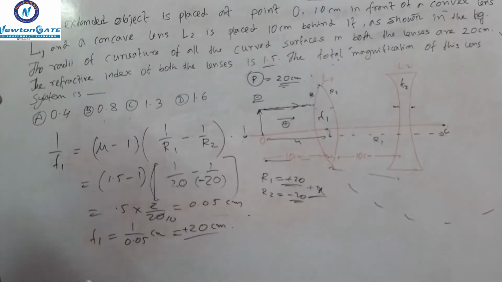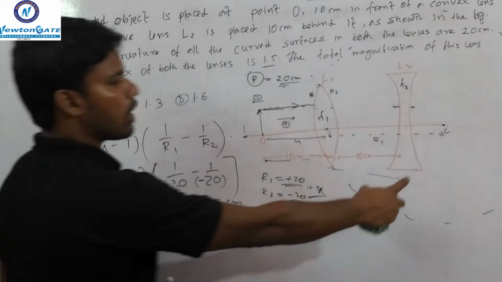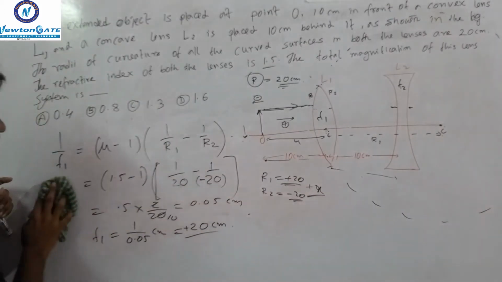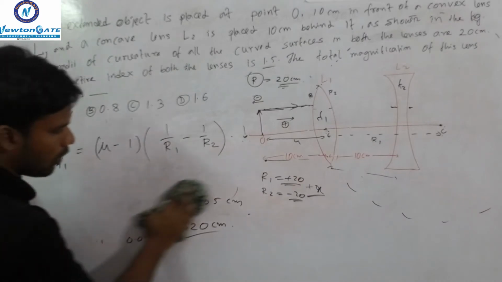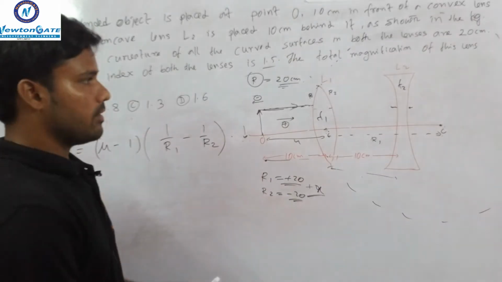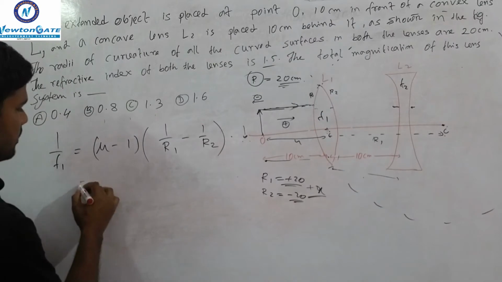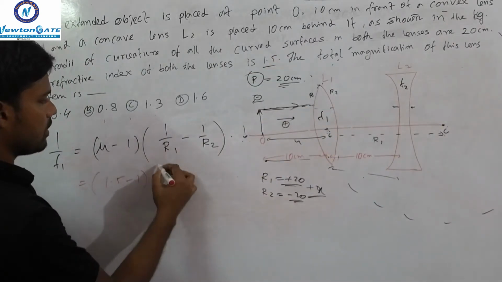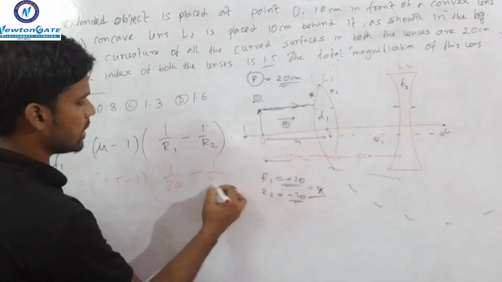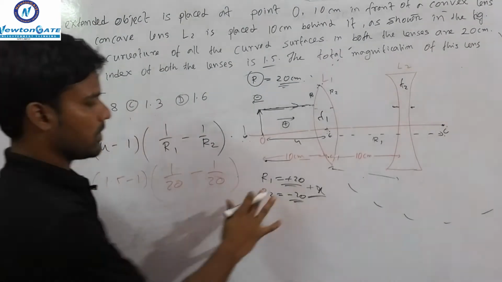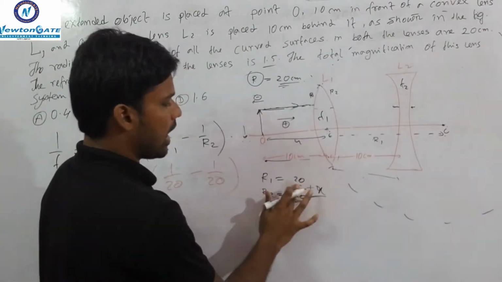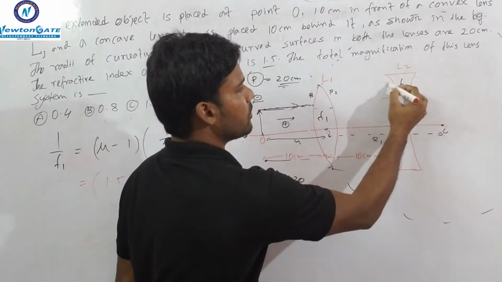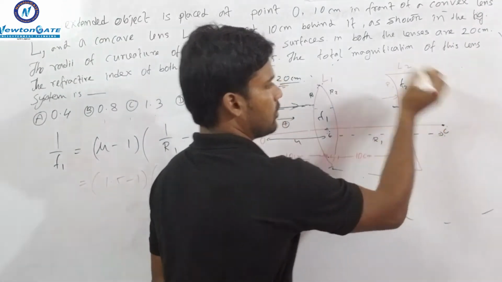Now you can find the focal length of the second lens, L2. Same formula, but you have to put all the values with sign. The refractive index for the second lens is the same, 1.5, minus 1, times 1 by 20 and this is also 20, but with sign. Light is coming from this side and going to this side, so this is our R1 and this is R2.